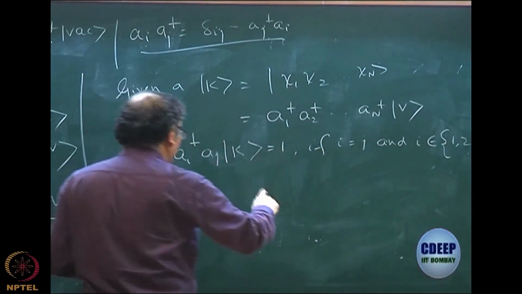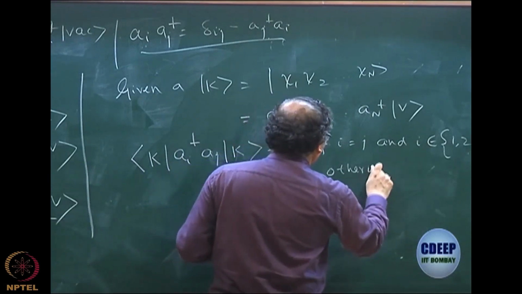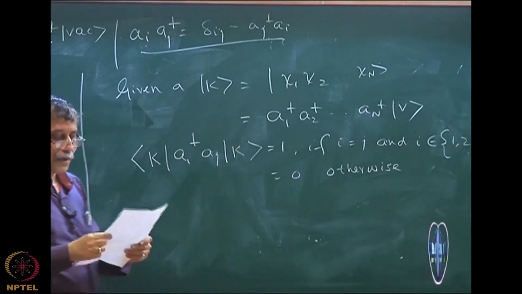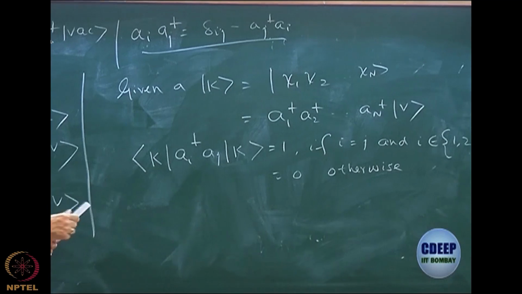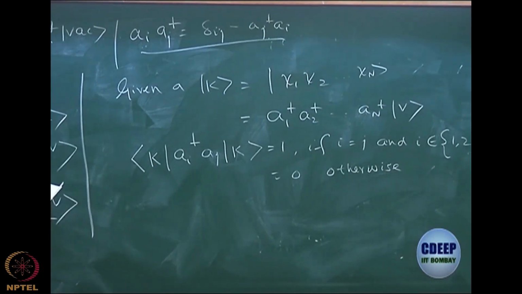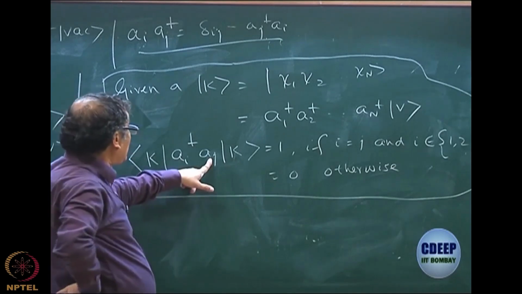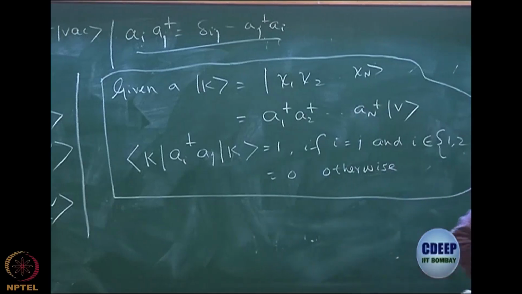Okay, I hope you understand. Is 0 otherwise. Otherwise means otherwise. So I hope specific things you should be able to understand. If i is equal to j, I am annihilating A_i, so A_i must be included here, otherwise I cannot annihilate, right?